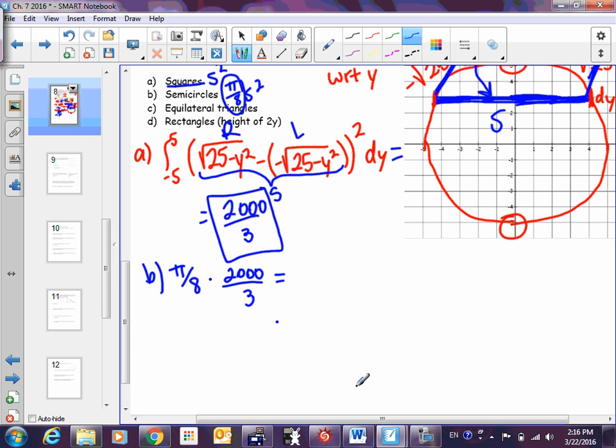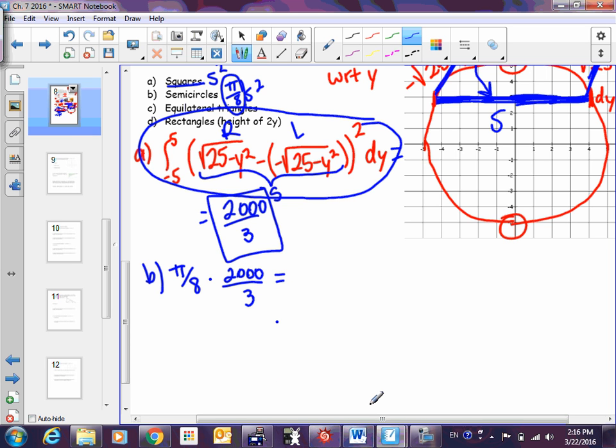Would it be 1,000 squared? No. This 2,000 over 3 is representing this whole integral, including the squared and everything. So that is the integral of sine squared.